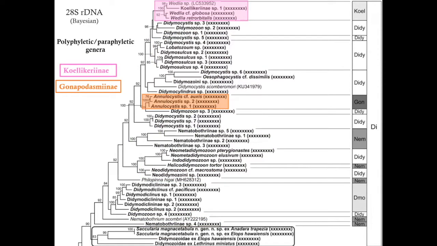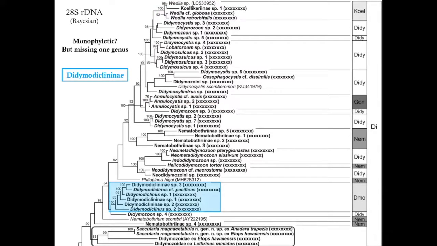We found out in ITS2, where I had more genera to play with, that they are also polyphyletic and paraphyletic, although they don't look like it in the 28S data. This subfamily, the Didymocystinae, is actually the only one for which I have a bit of hope left. Unfortunately, I am missing 1 genus out of 2, so I can't be sure either.